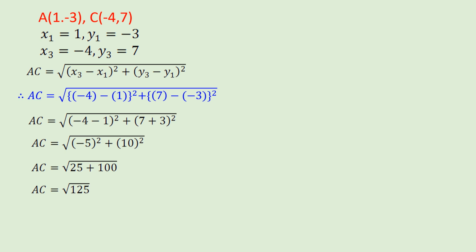Now we need to convert the pure surd into a mixed surd, as you have learned previously. So the length of AC will become 5 root 5. Let us move further. Before going ahead, let us take the AC value as the third equation.